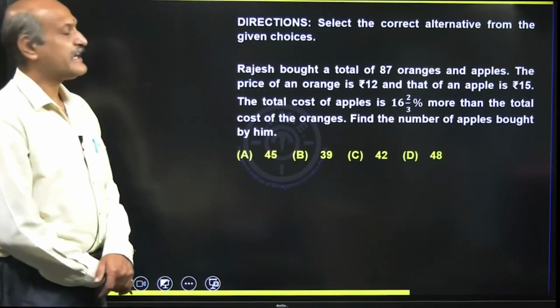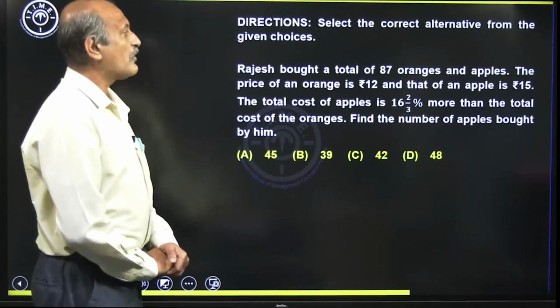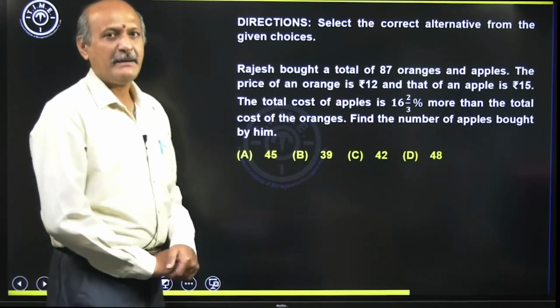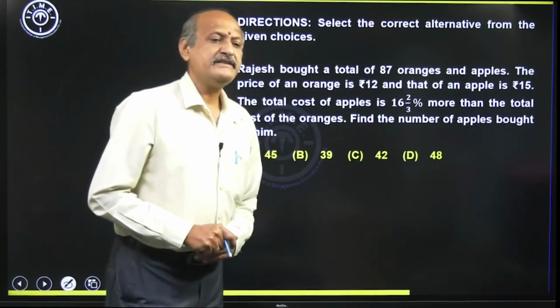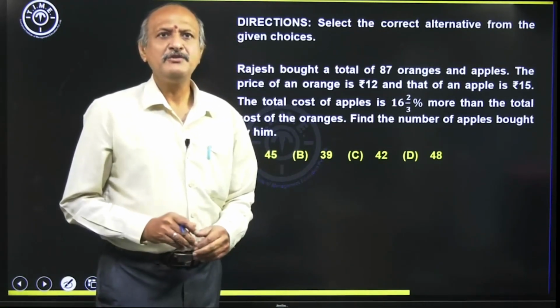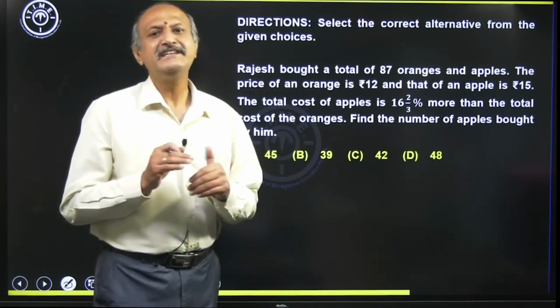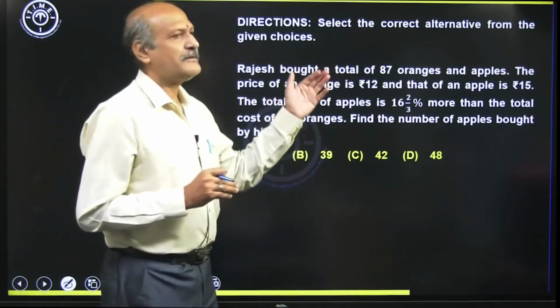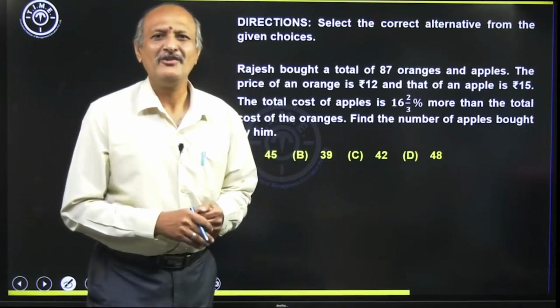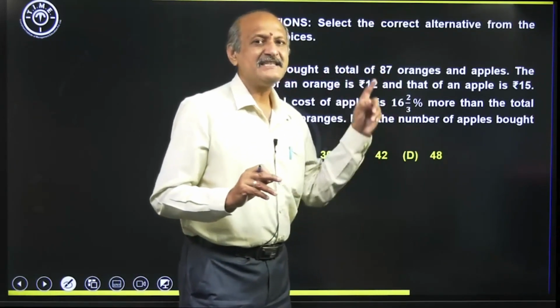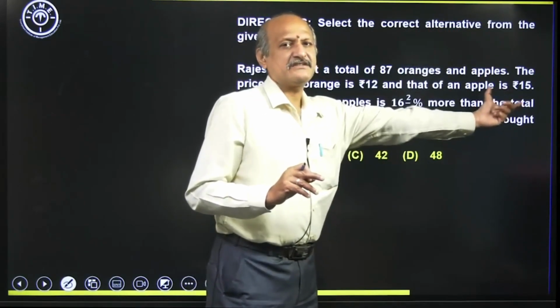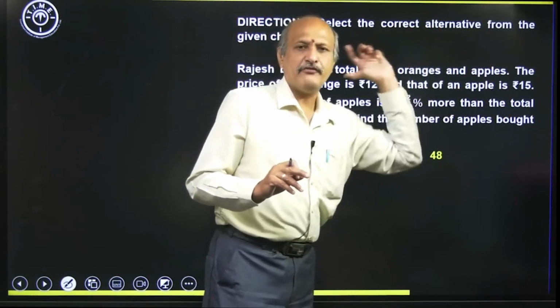Next question reads: Rajesh bought a total of 87 oranges and apples. One thing you have to identify is that when we purchase oranges and apples, we purchase them in integers. Nobody purchases a decimal number of apples or oranges. So 87 is the sum of two integers, one for the oranges, one for the apples.